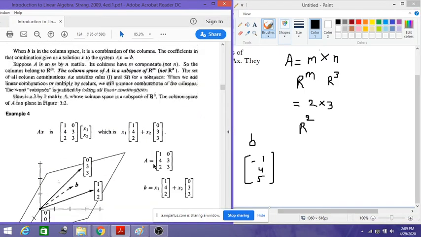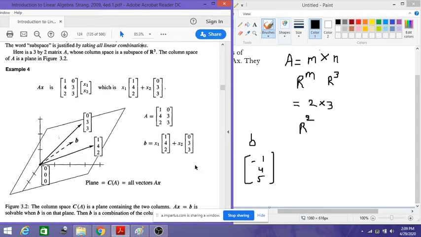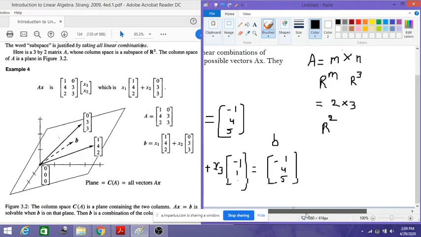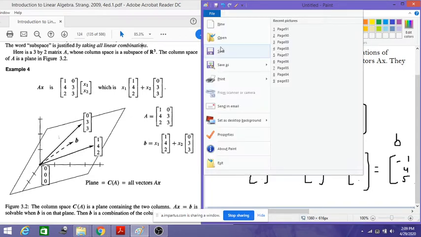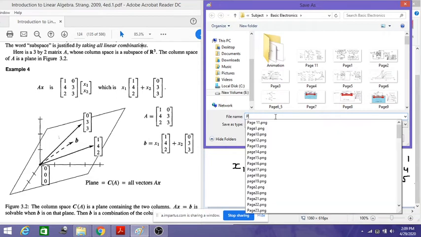So let us look into one example here. So we have taken one example. Let us take one more example here to better understand. So let me save this page.